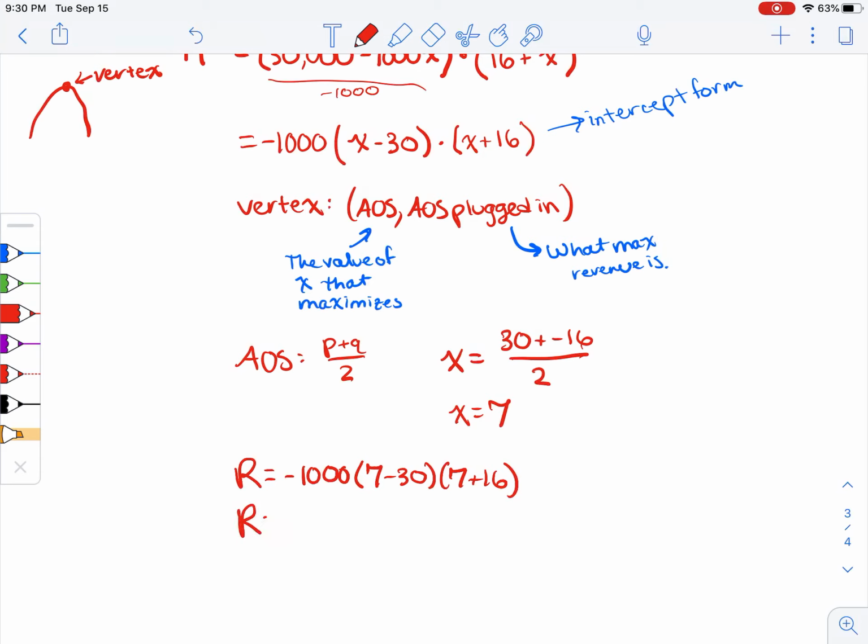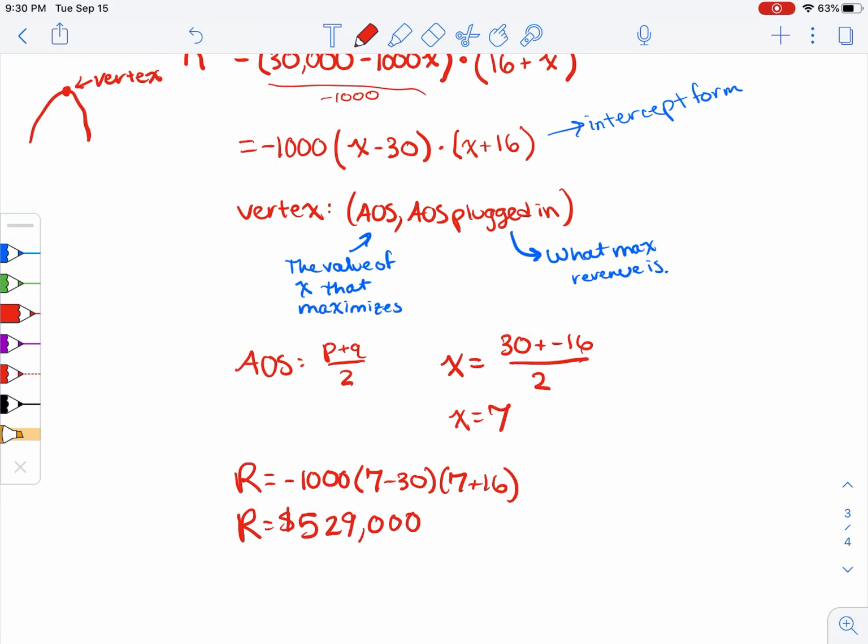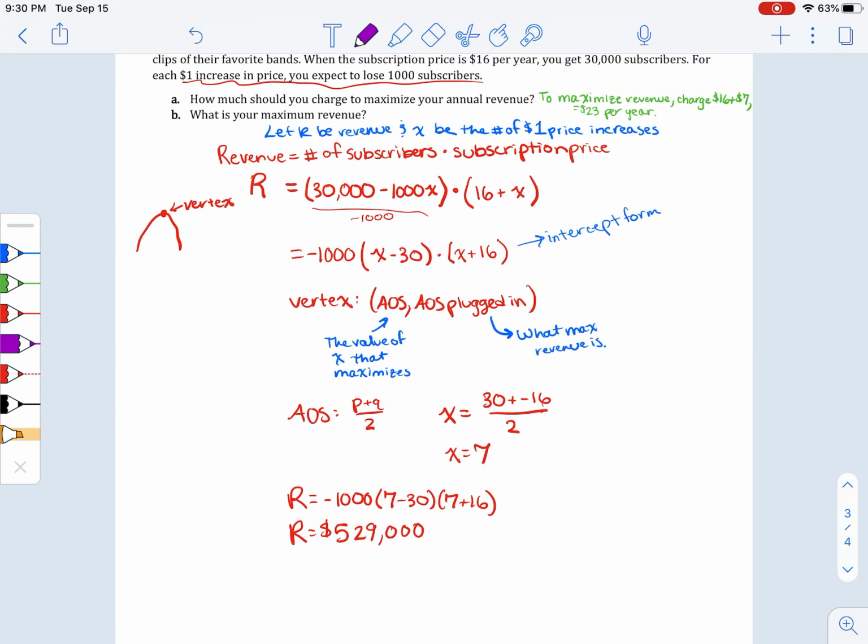And this is going to give you that your revenue is equal to 529,000. So that's your maximum revenue. So that would be your answer to part B. 529,000. So the last example looks like this problem, and you're just going to write an equation, and then you're going to find the vertex, and just interpret what that vertex means.